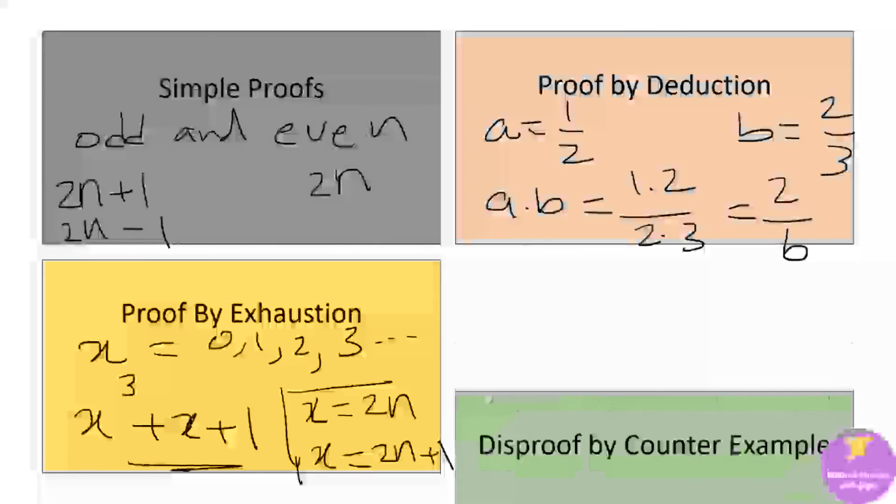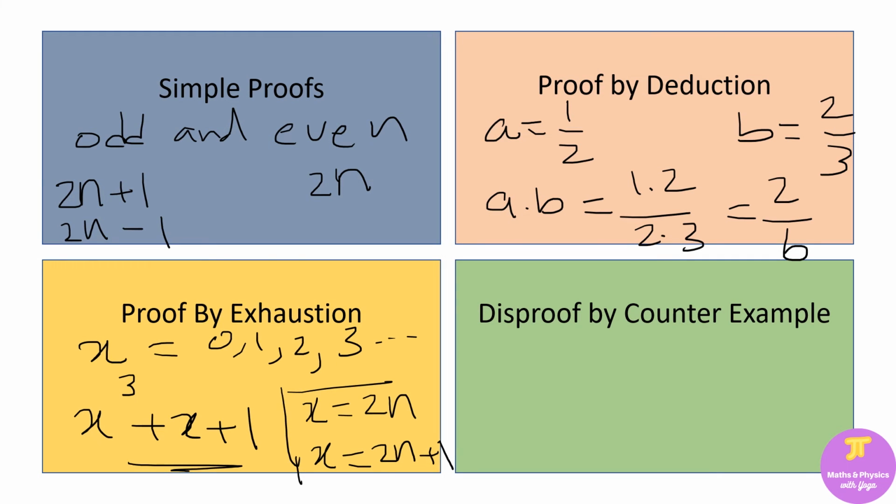The last and fourth type of proof is called disproof by counterexample. This is quite simple as well. Disproof by counterexample is the easiest way to show a mathematical statement is false. All you need to do is take an example scenario and say this expression is not valid for this particular scenario.